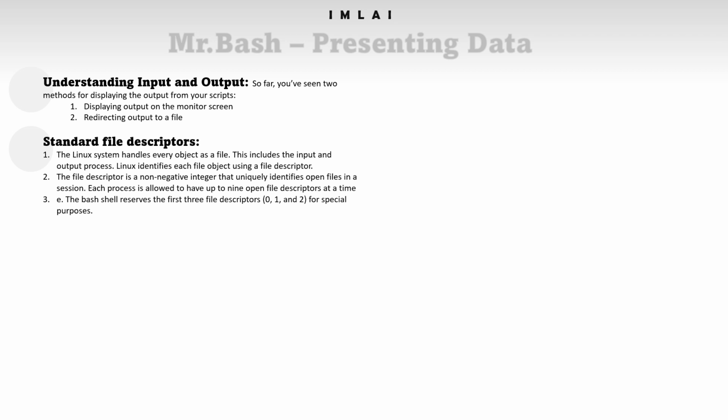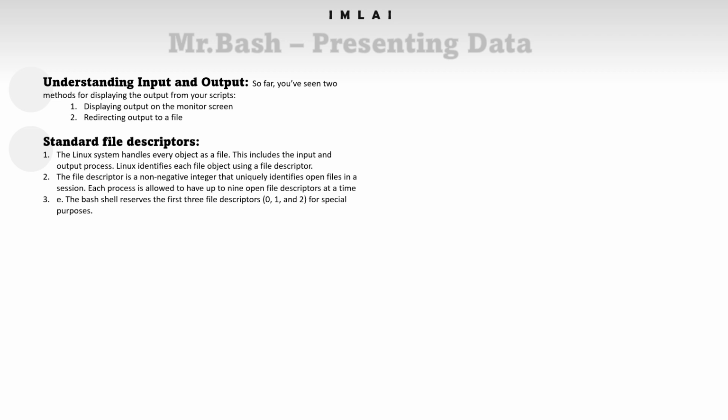Just note down these three digits, 0, 1 and 2. These three file descriptors have been designated for special purposes. What are those special purposes? We are going to look at these things in forward sessions.